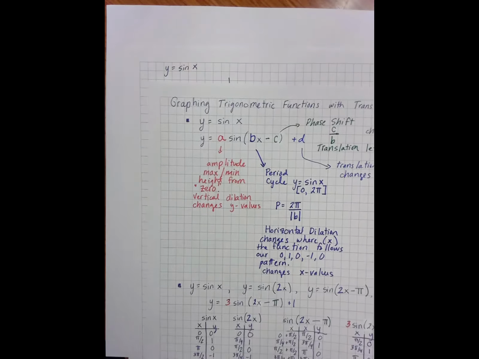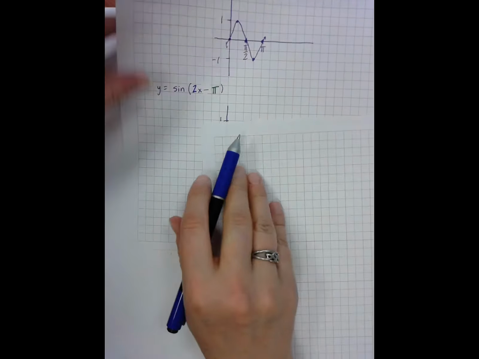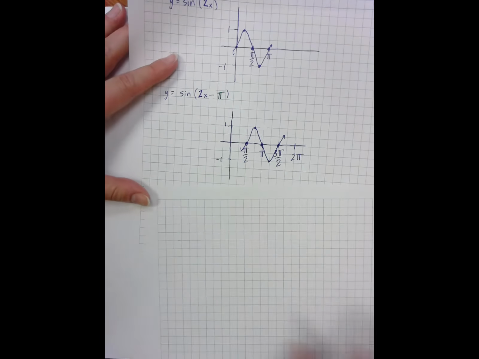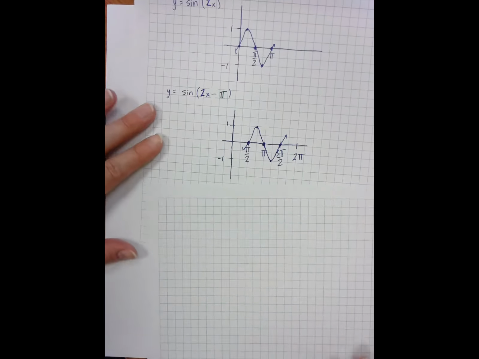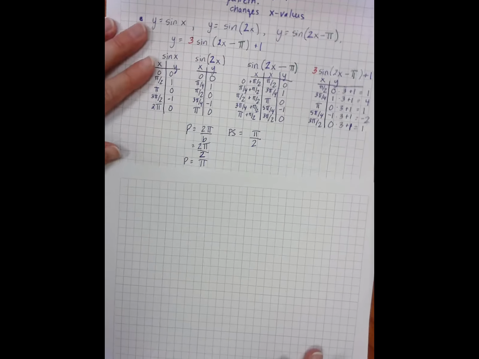My last graph is not going to fit on this paper, given the scale of my graph. Remember my scale was 2 boxes is 1, so in order to get up to 4, I'm going to have quite a bit of space. So we'll take these off for now. We'll put our table up here.